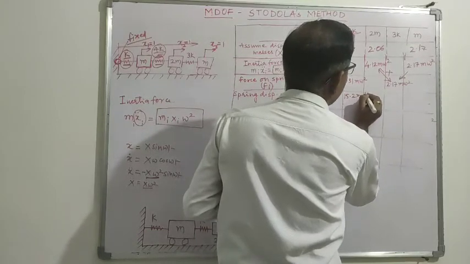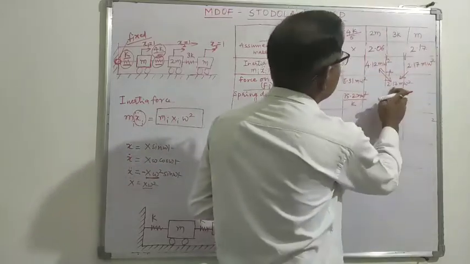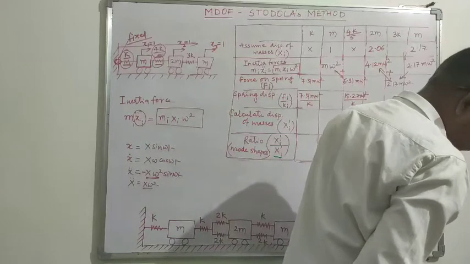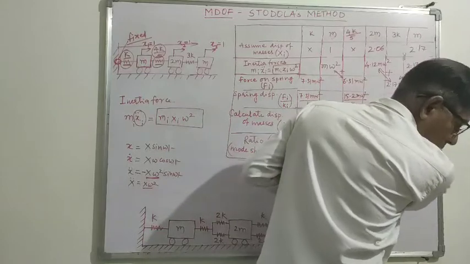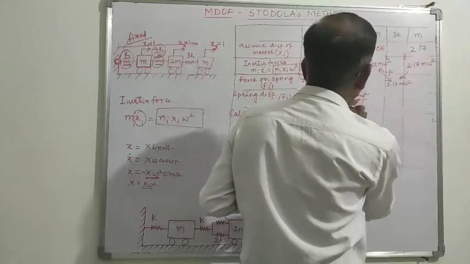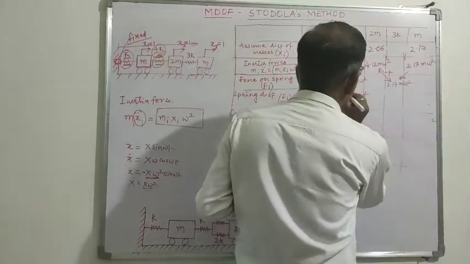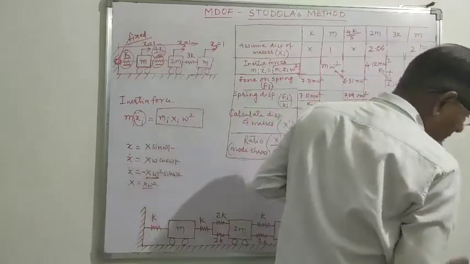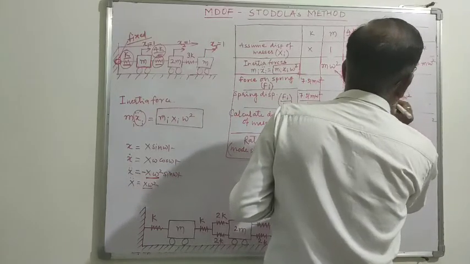m omega square by k, and this divided by 3k. So this is 0.72. This answer is 7.89, and this answer is 0.72 m omega square by k.